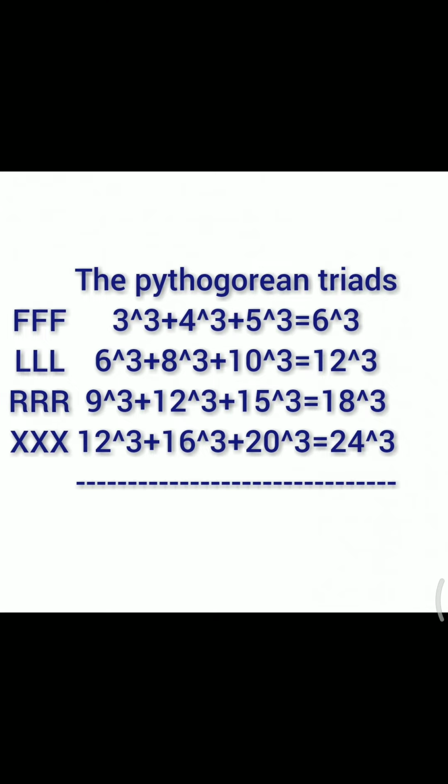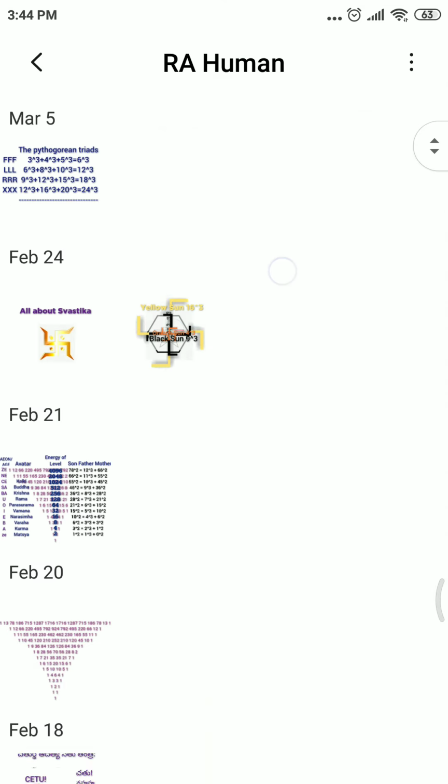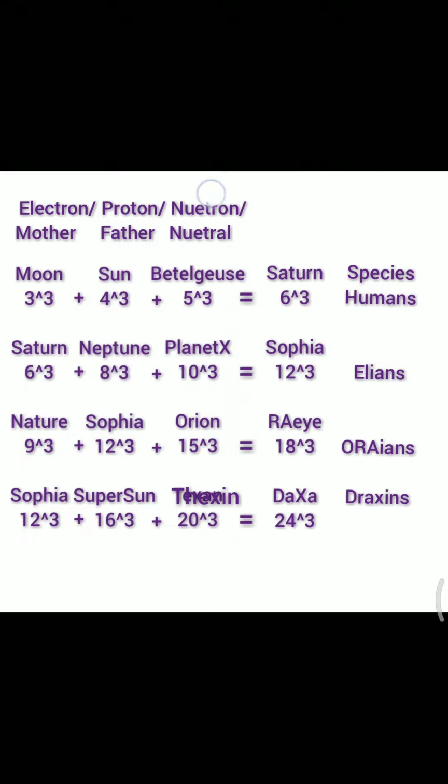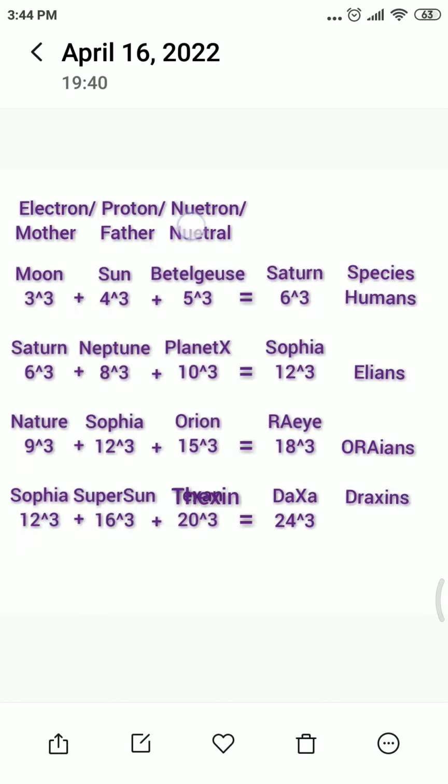Here, if you see this 12 cube, the entity in this column is mother or electron. This is father or proton. You can compare them too. And this is something like neutral and neutrino, neutral gender.